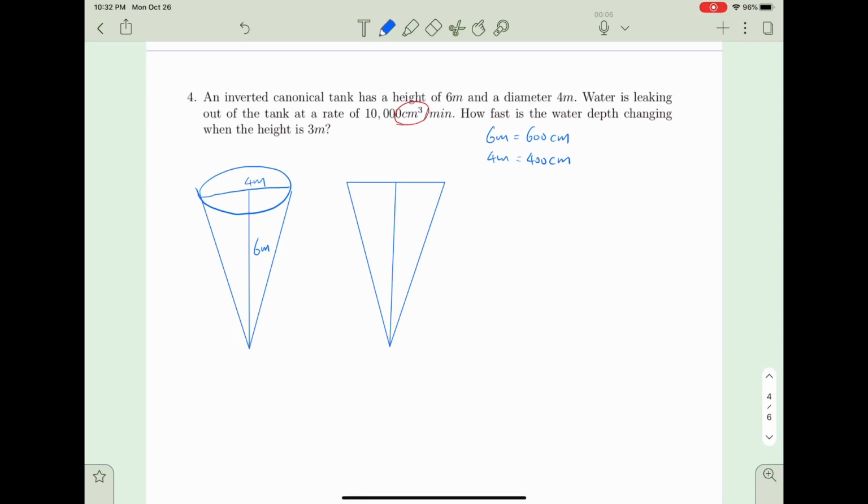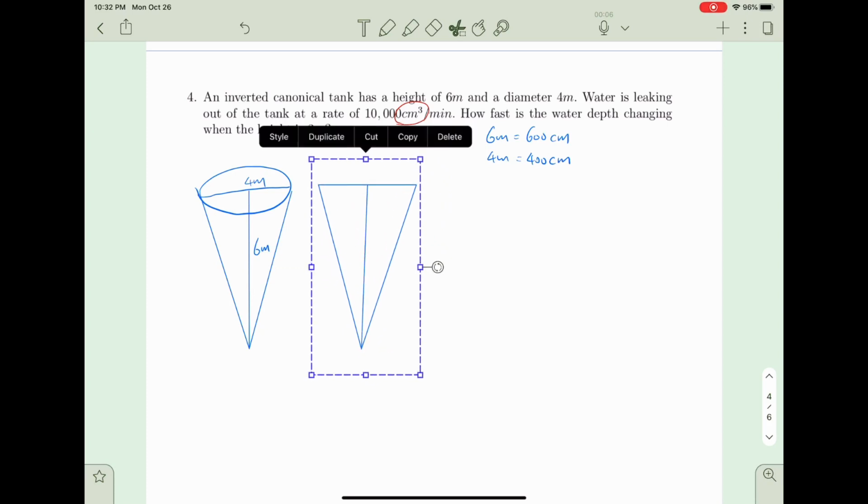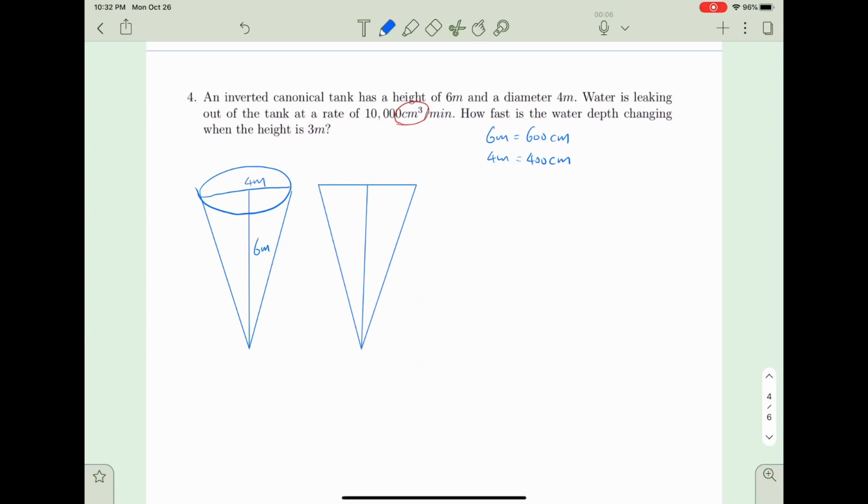So in our two-dimensional picture, the conical tank has radius 200 centimeters and height 600 centimeters. Okay. What we also know is the water inside this container is leaking out.